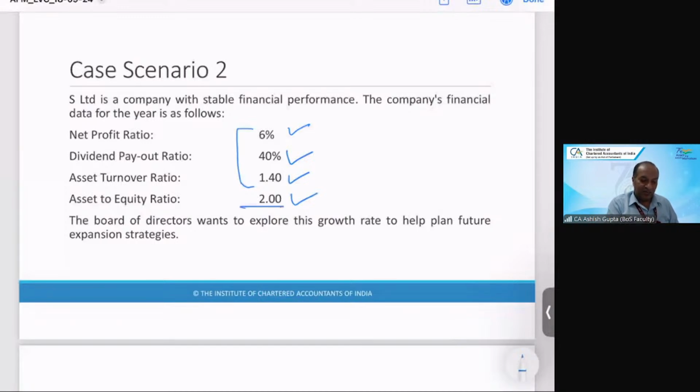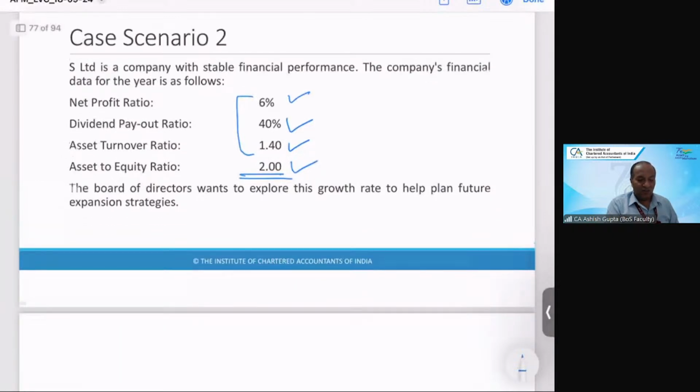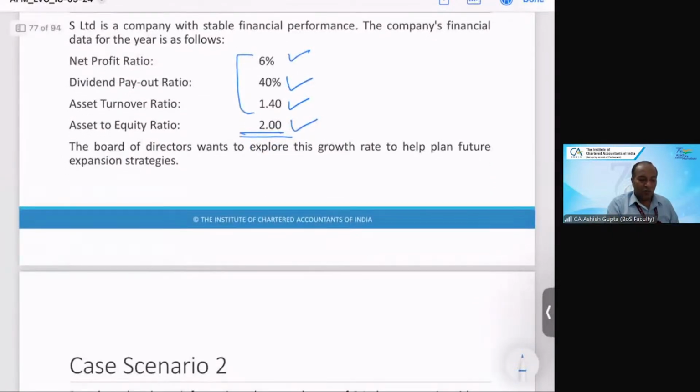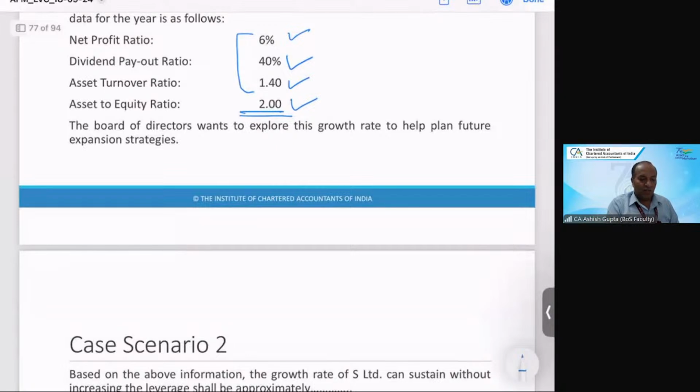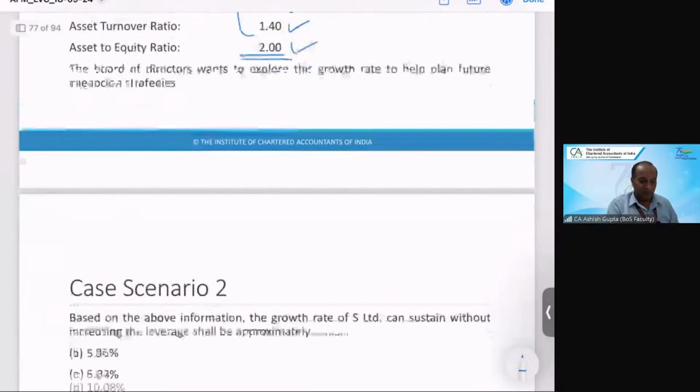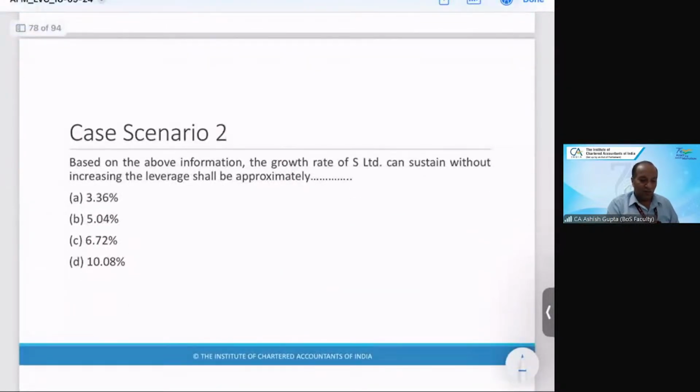Now here this additional item will be used, where the board of directors wants to explore this growth rate to help plan future expansion strategy. Based on the above case scenario, the growth rate of S Limited that can be sustained without increasing leverage shall be approximately what?